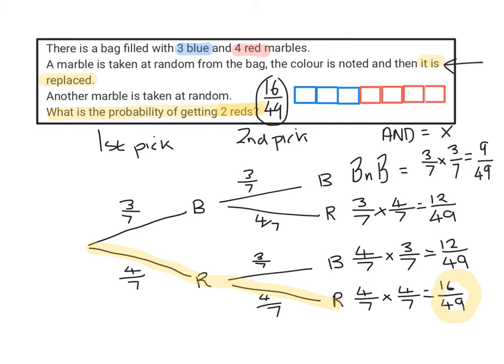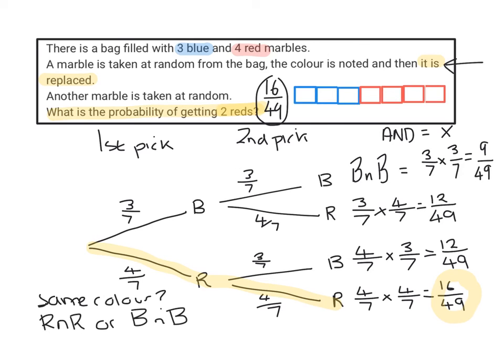Just going to add another question here. What's the probability of getting the same colour? So that could be a red and a red, or a blue and a blue.